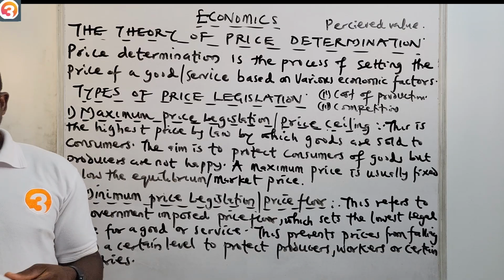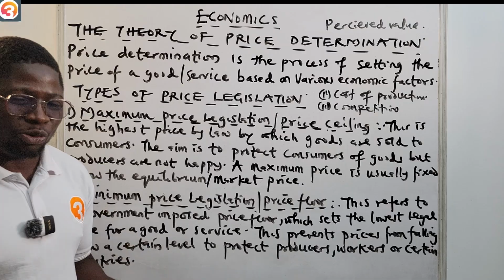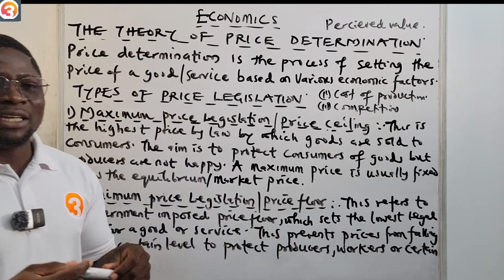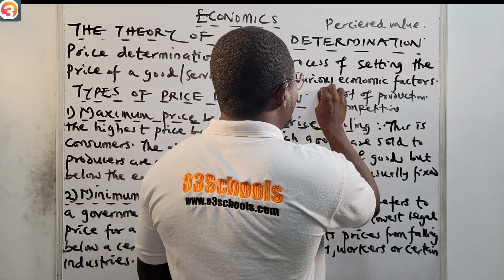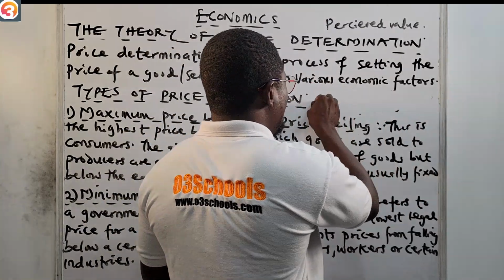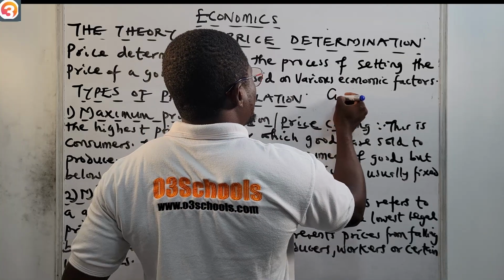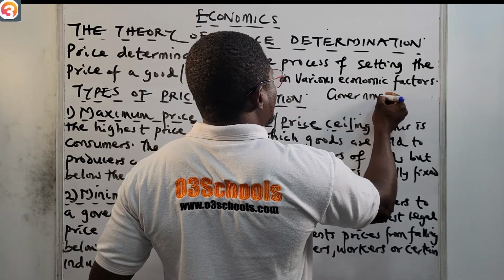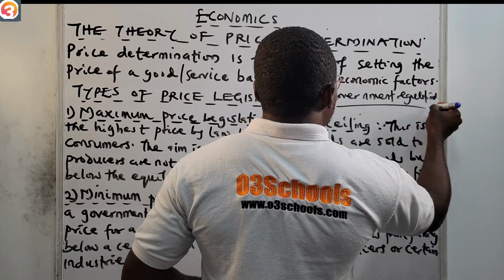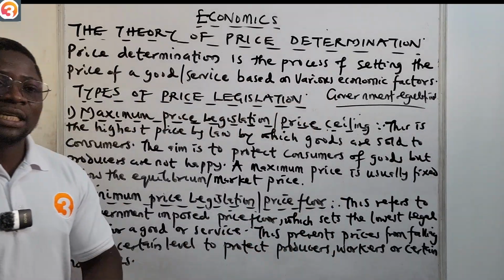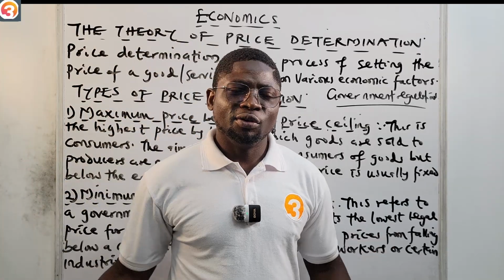Price is also influenced by certain factors. Number one, government regulations. The government can say, do not sell such and such a commodity above this price, or do not sell it below this price.